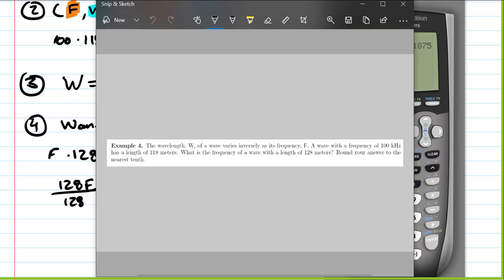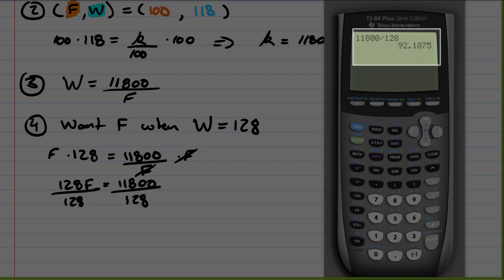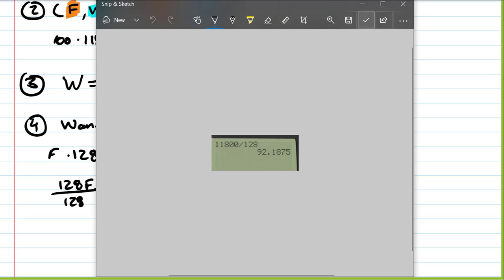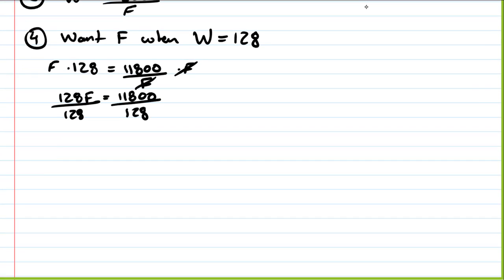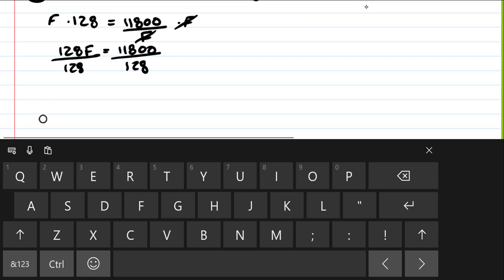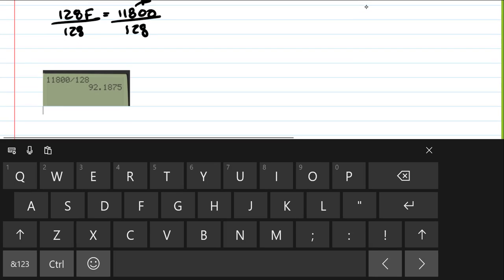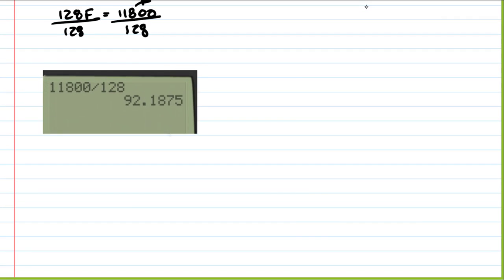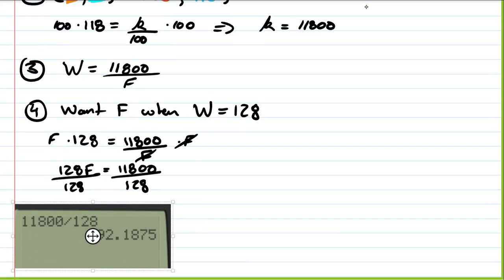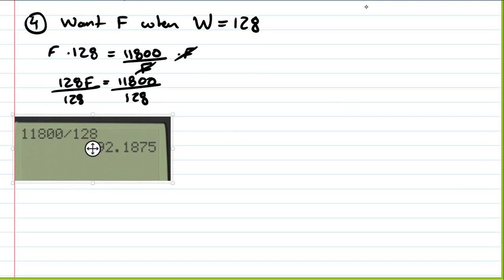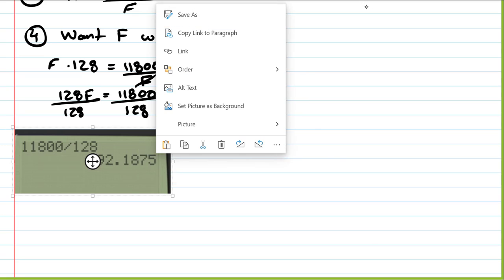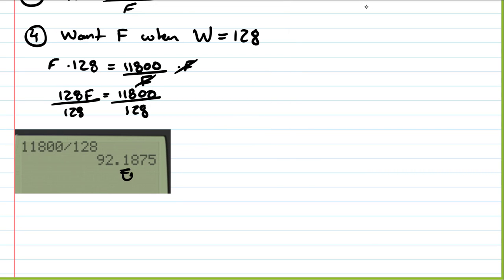We get this value, but in the original problem we were asked to round our answer to the nearest tenth. So we look at our tenths, and 8 says it rounds up. So F is approximately equal to 92.2.